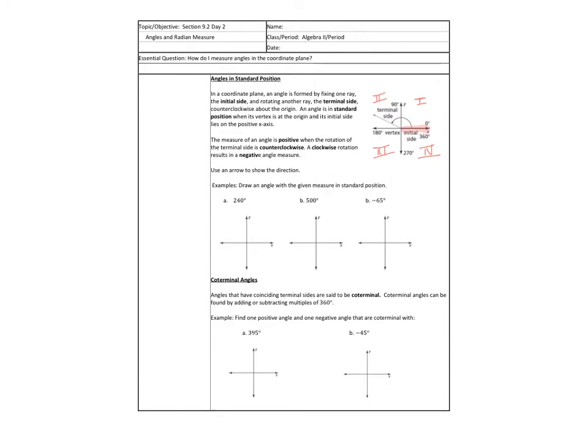We draw a little curve with an arrow to show which direction we went, because it's hard to tell without it. Then we draw the terminal ray, wherever we end.